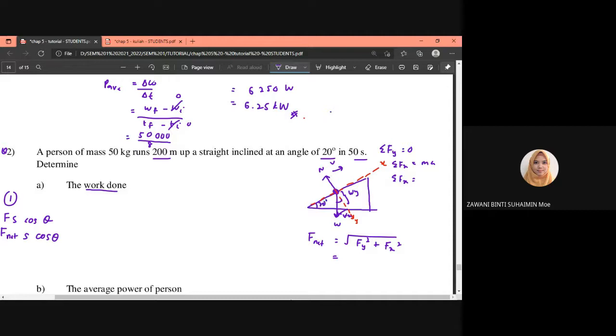So kita kena resolve mg sin theta. mg dah diberi iaitu 59.81, sin theta iaitu 20. Bila kita kira-kira, kita akan dapatlah summation of Fx kita bersamaan dengan berapa tu?